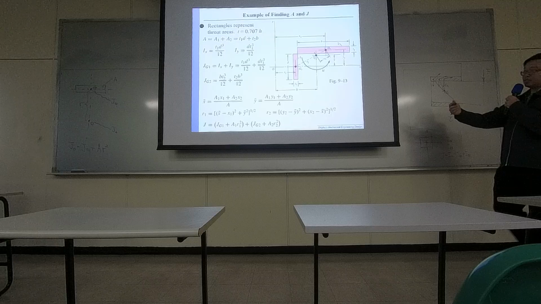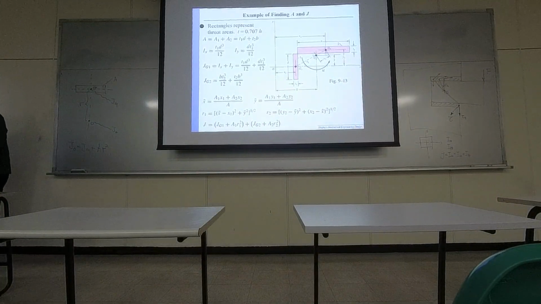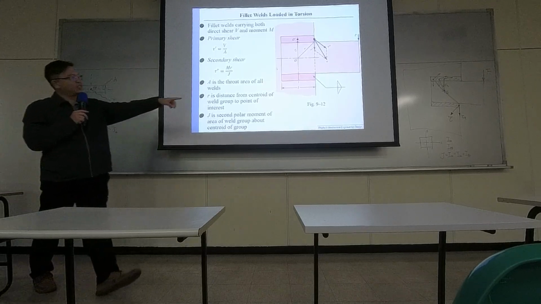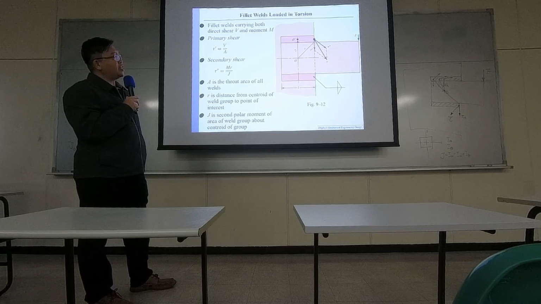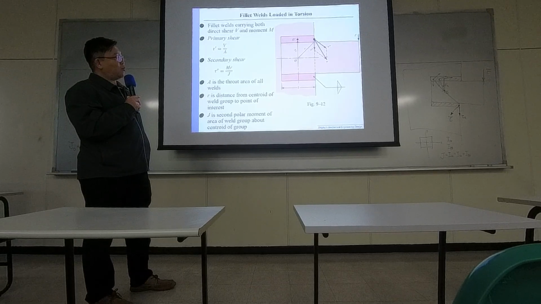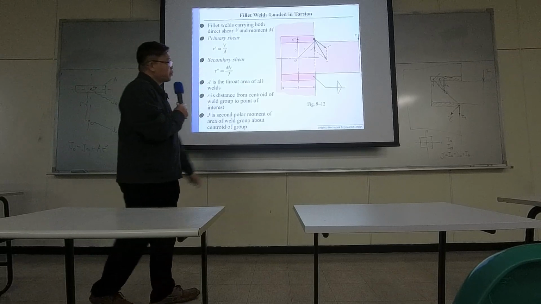The way to compute it is by the equations over there, these two. And actually, you may need to do some integral if you want to balance the whole thing.